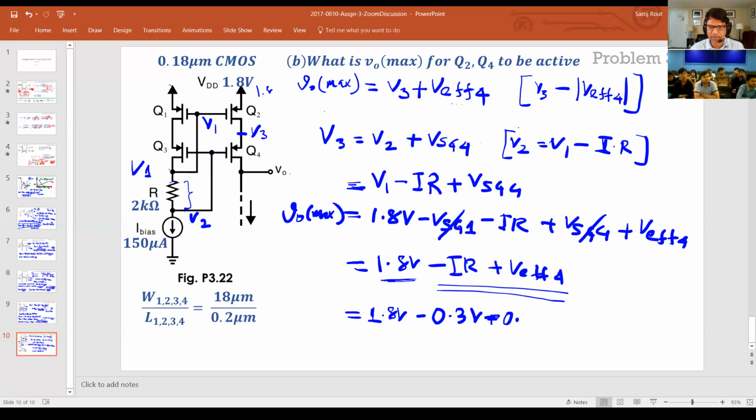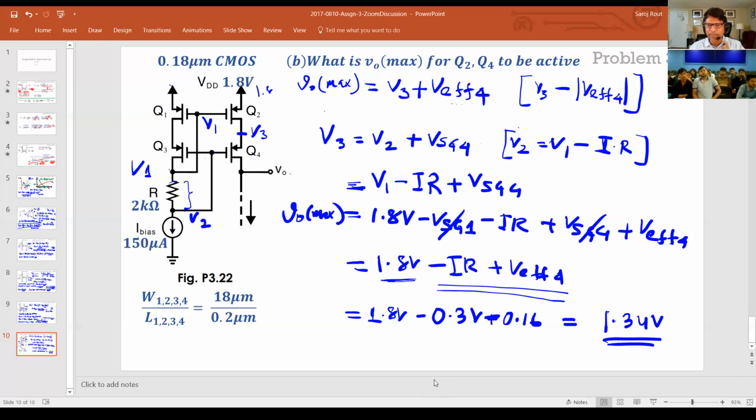Actually, this will be a negative number, so this is 0.16. Yeah, so let's say this is 1.8 minus 0.46, 1.34. So that's your max voltage.